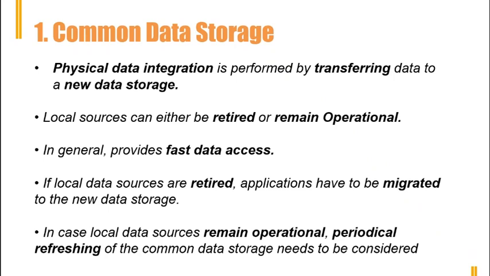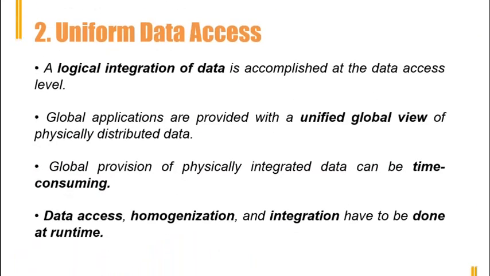From time to time, even if you change your machine, everything should be migrated and saved on the central warehouse. In case local data sources remain operational, periodical refreshing and synchronization need to be done. So this is when it comes to linking data storages with relevant cables and different ways of transferring data.